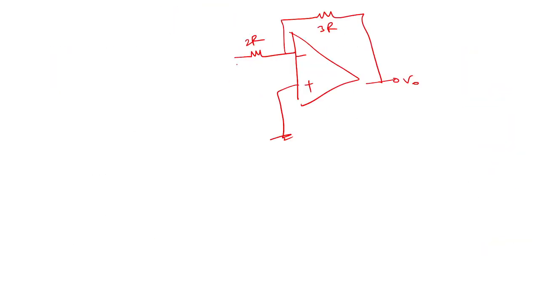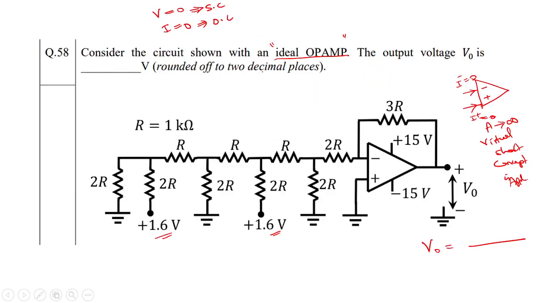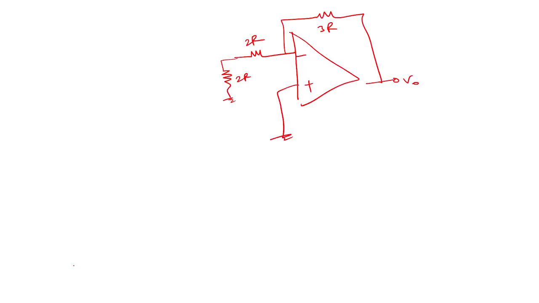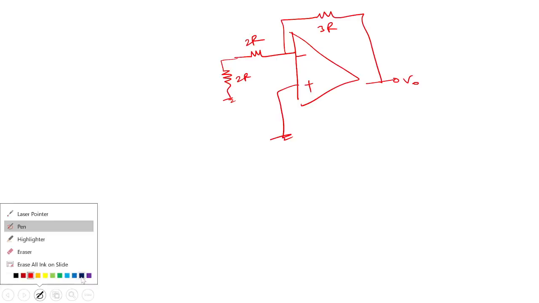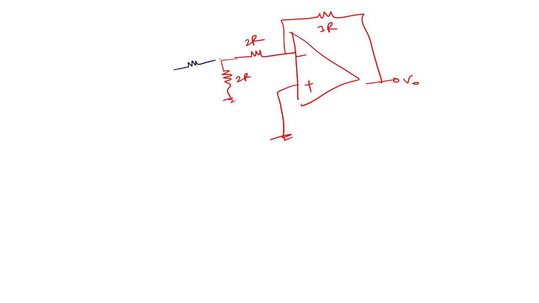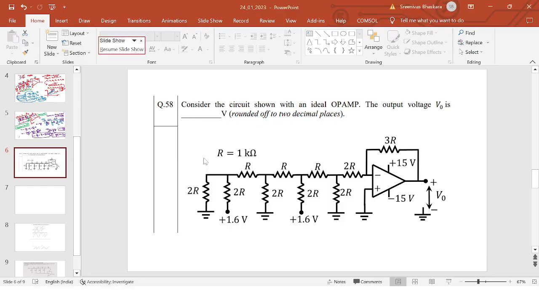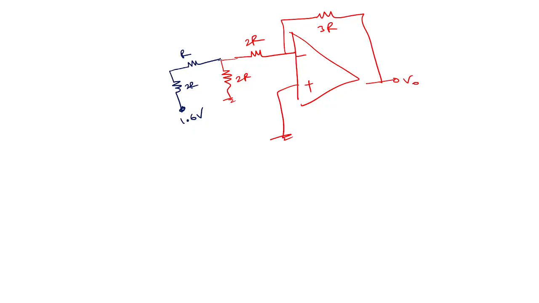Then there is 2R. 2R is already connected to ground. This is 2R. Then R, 2R, and I am enabling this source, disabling this one, right? So 2R, R, R, 2R, R, 2R.